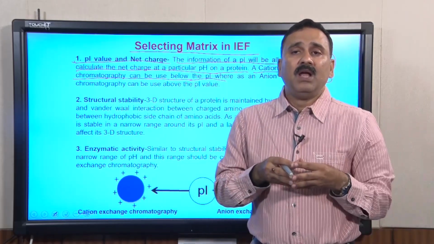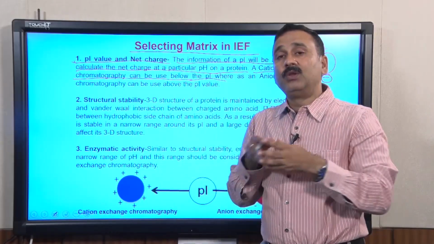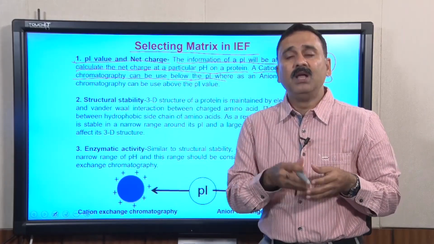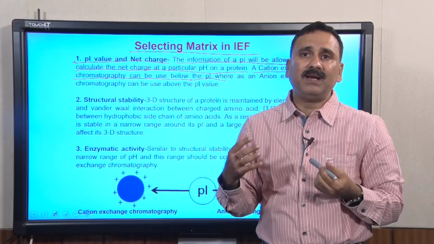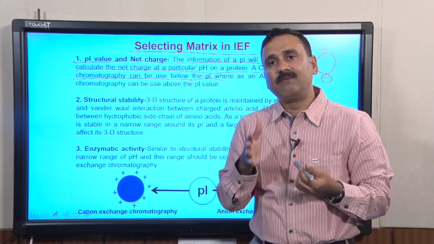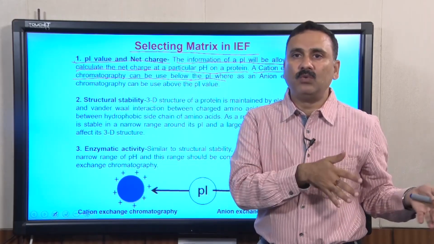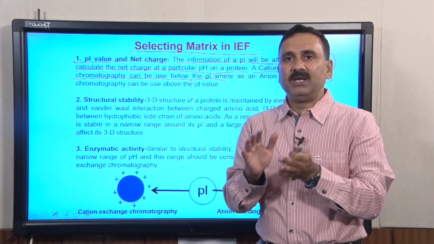For practical purposes, how much we should go down and how much we should go up, there is no such rule or formula. But what people have realized from their experience is that you definitely have to use at least 2 units of pH to go down or 2 units of pH to go up.